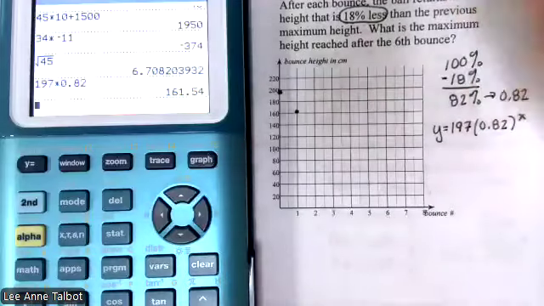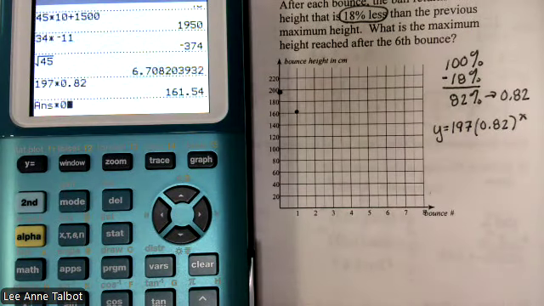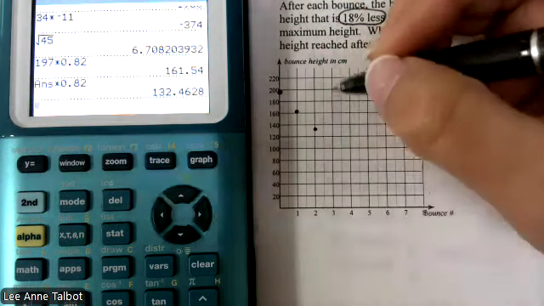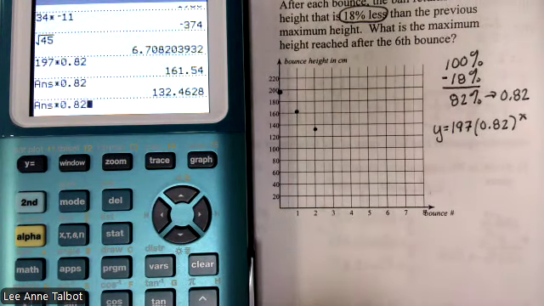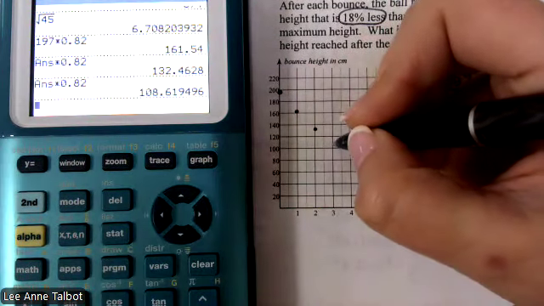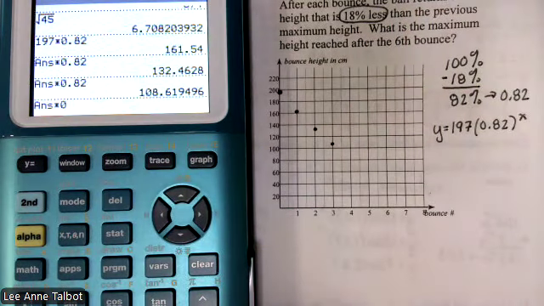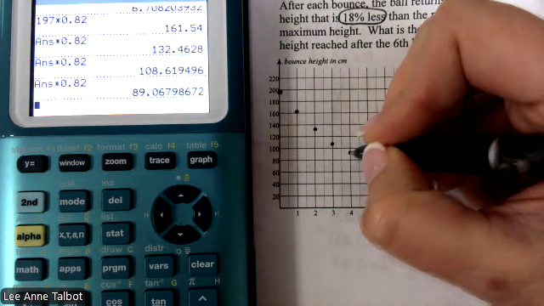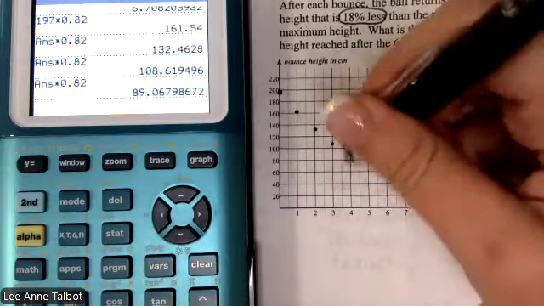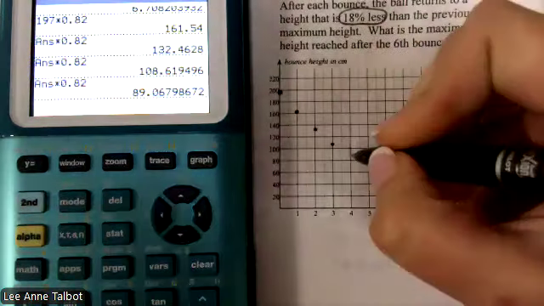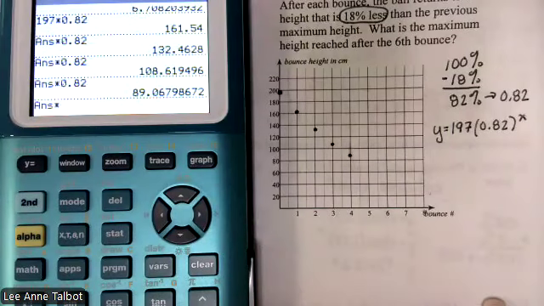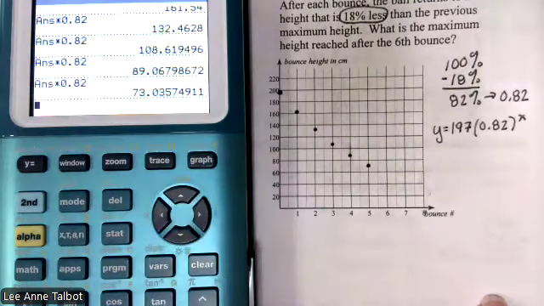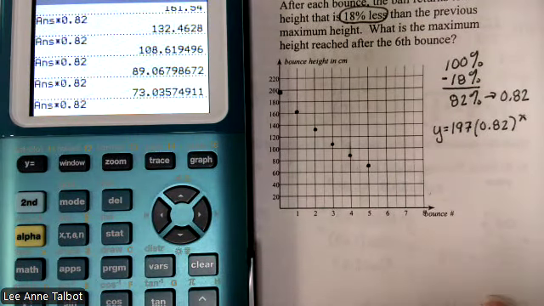That's my next dot. Times 0.82. Times 0.82, and so on for each bounce.